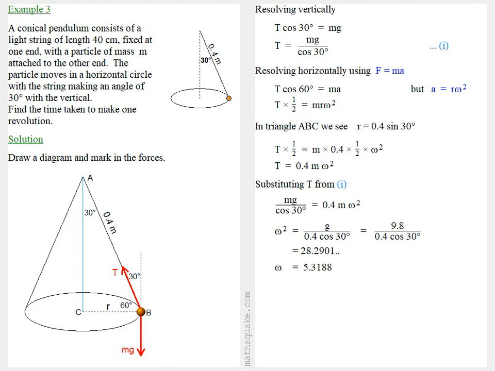Now in radians, one revolution is 2 pi. So the time taken is the angular distance divided by the angular speed, that's 2 pi over omega, which is equal to 2 pi over 5.3188, or 1.1813. And so the time taken for one revolution is 1.18 seconds.